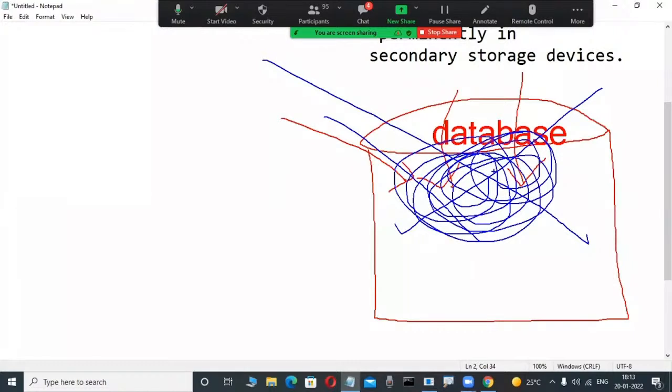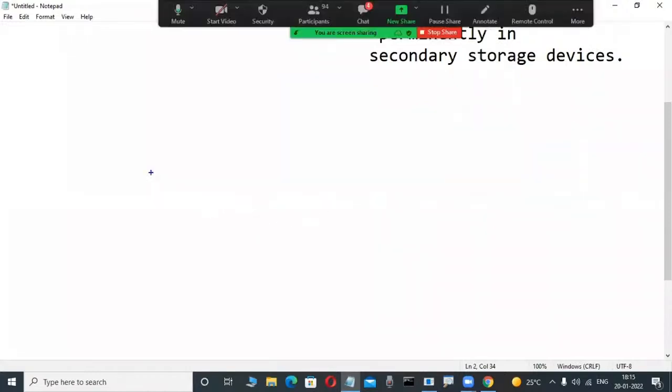These databases only store a structured collection of data. That is important. Nowadays, for storing a random collection of any data, there are some non-relational databases, like MongoDB. That is different. Oracle, SQL Server, DB2 are relational databases.